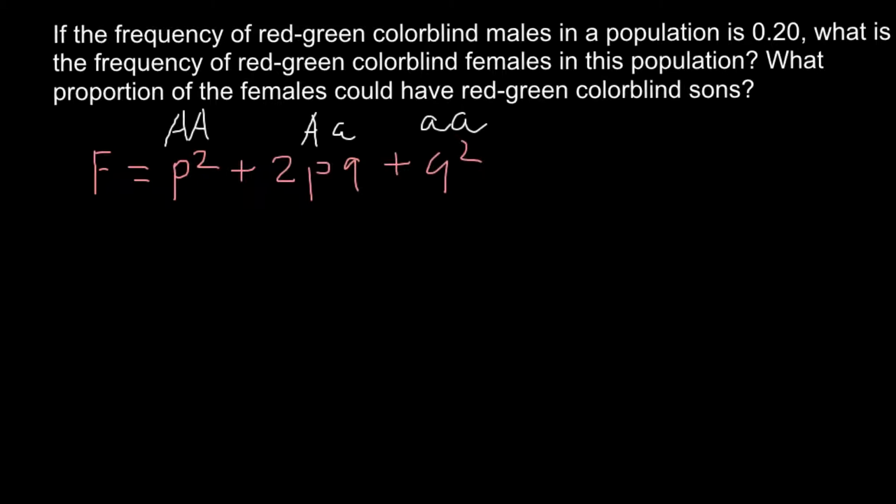And all this should equal 1. And all the alleles P in this gene pool plus all the alleles Q would equal 1. Once again, P stands for the dominant allele A and Q stands for the recessive allele a.